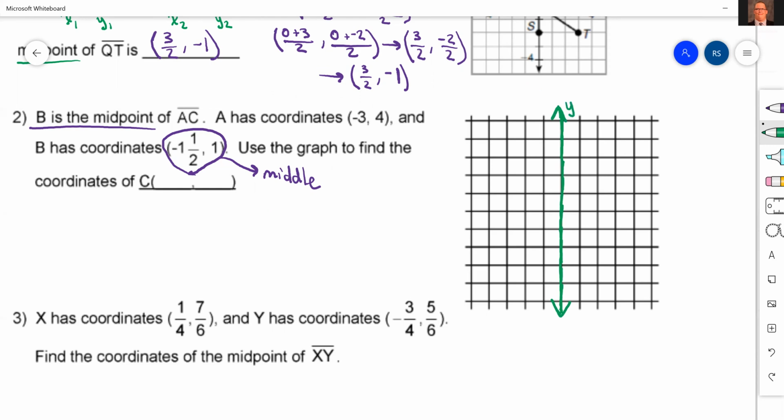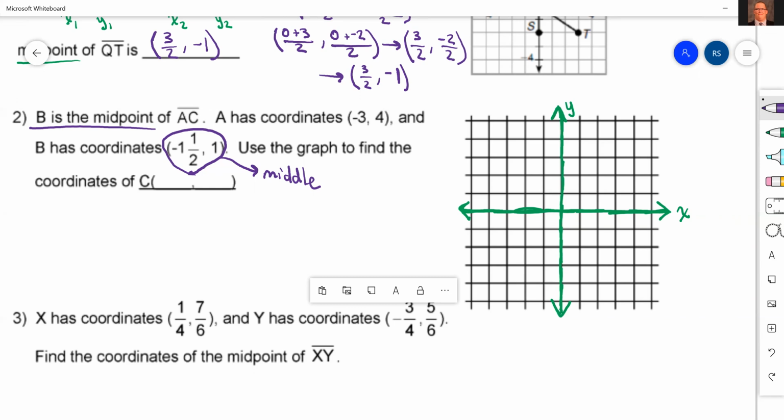There's my y-axis. There's my x-axis. Now let's plot the information they give us. They say that A has coordinates of -3, 4. -3: 1, 2, 3.